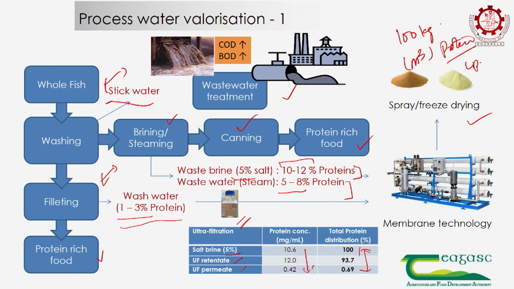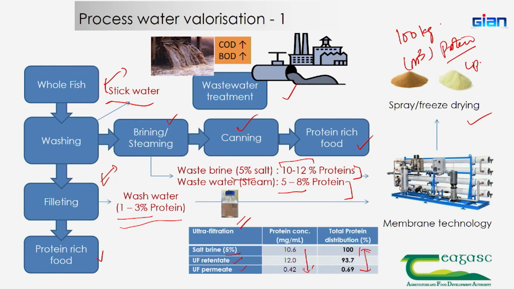Even if you take a specific district, say Cuttack in Orissa or Calcutta, or Chennai, Kanyakumari or Kerala, within that place itself, the amount of fish processed, the amount of water it will generate, and what is happening to it. So you can consider the business case and how economical it will be.